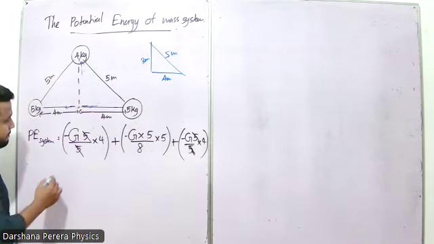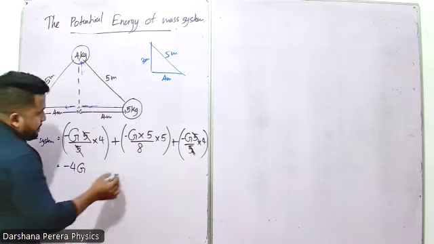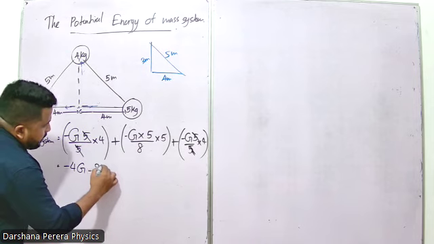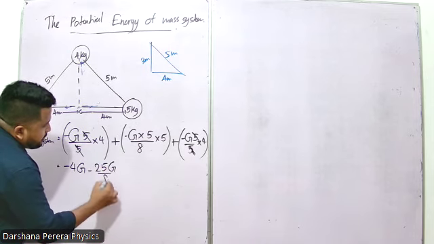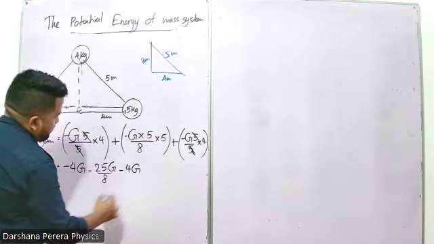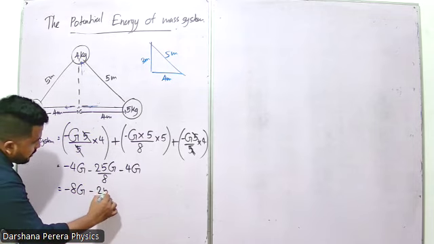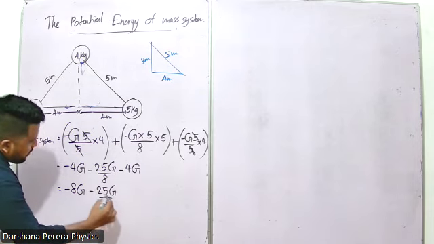So minus 4G minus 25G over 8. Minus 4G, that means minus 32G over 8, minus 25G over 8.